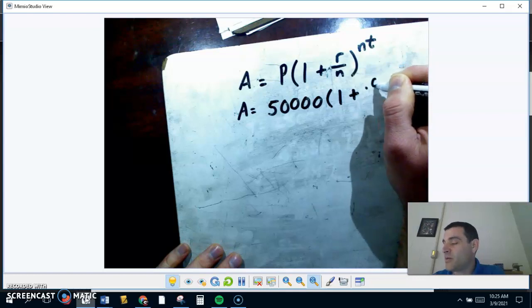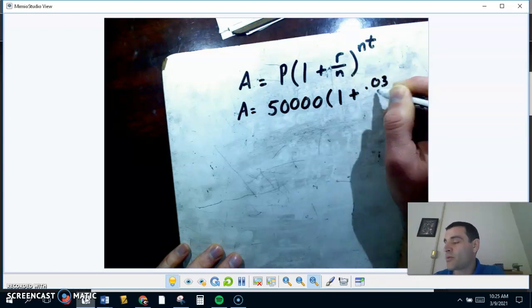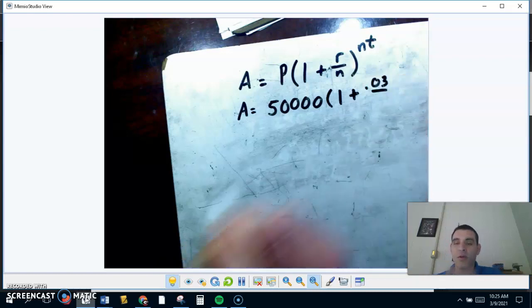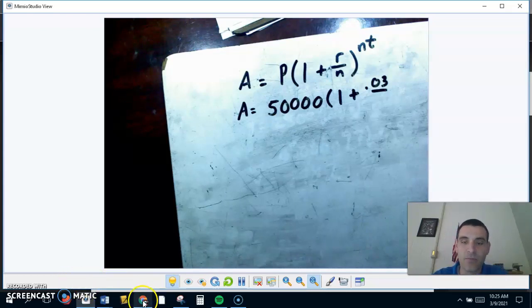So 3% would be 0.03. Remember, percent literally means per 100. I said that wrong. Per 100. So 3 divided by 100 would be 0.03. Move your decimal place 2 positions to the left there.